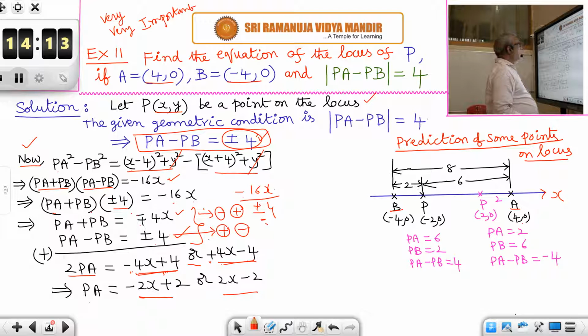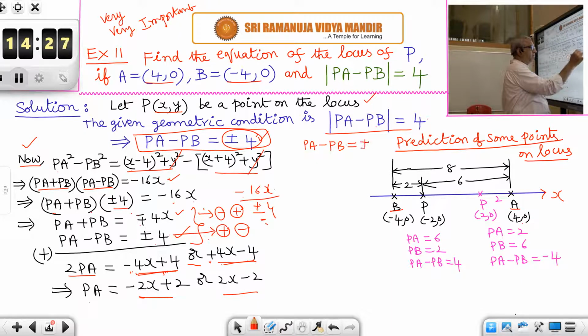Here the condition is PA minus PB can be 4, or PB minus PA can be 4. PA minus PB is plus or minus 4 if you remove the modulus. So, minus 4 if you take, what happens?